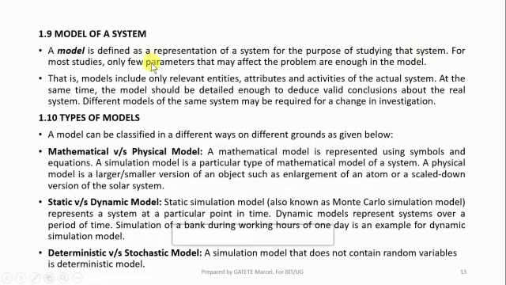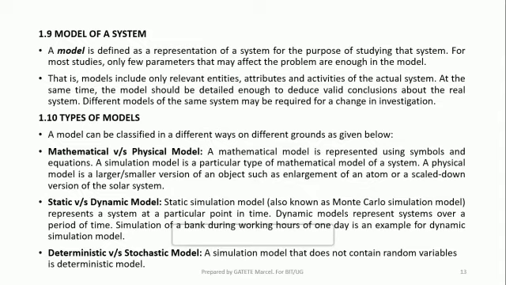For most study, only few parameters that may affect the problem are enough in the model. Here, when you are representing the system using a model, not all parameters of the real system will be studied. Only you are going to take the important ones. Otherwise, you won't be able to represent it.